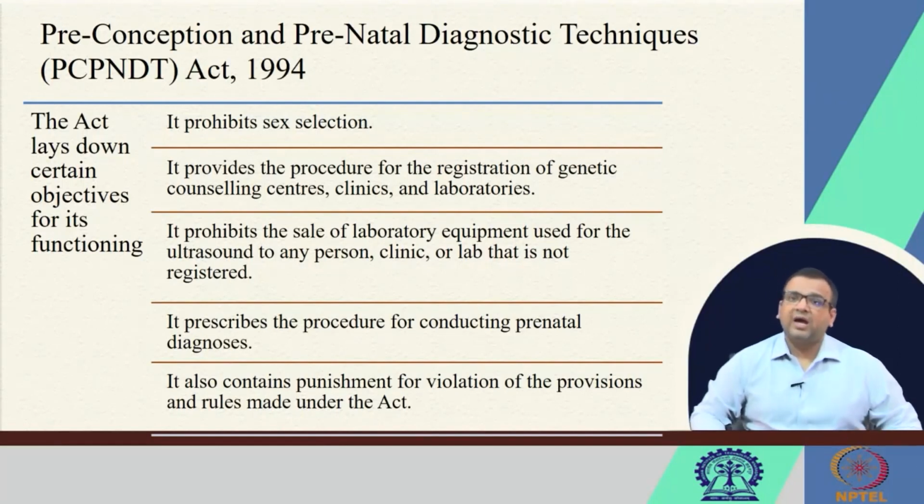It is a must to have AERB registration to even purchase and install the equipment to perform the PCPNDT techniques. So, it is mandatory to have registration of that particular clinic or hospital with the help of a medical practitioner, that is a radiologist, who is eligible to do the ultrasound under the PCPNDT Act.